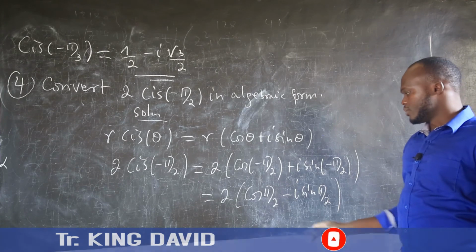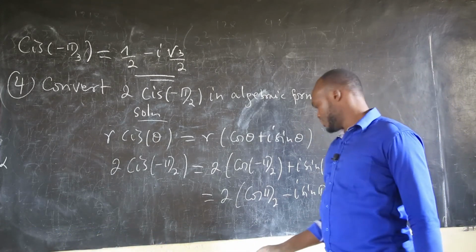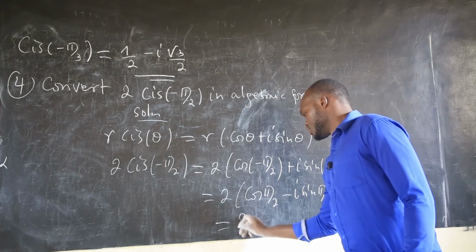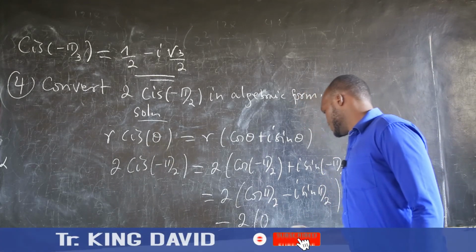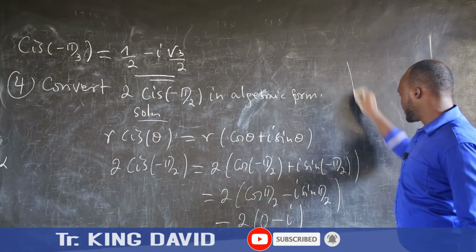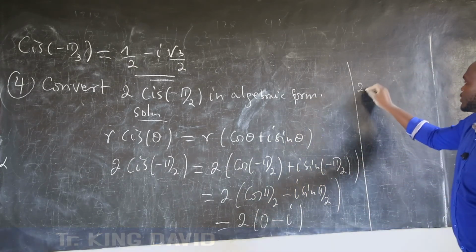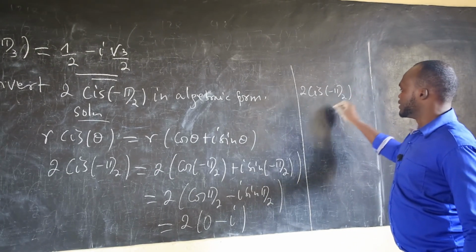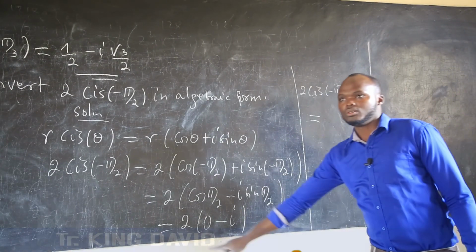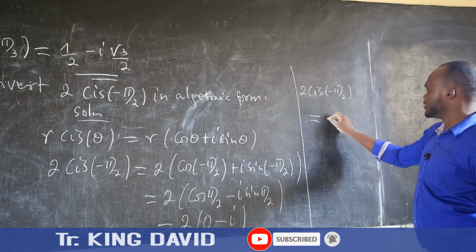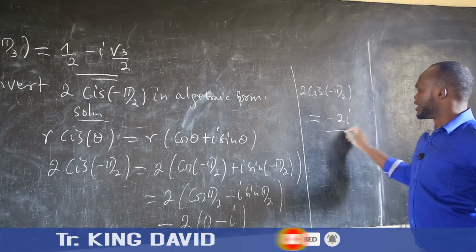You know that cos pi over 2 is 0 and sin pi over 2 is 1. This is 2 into bracket 0 minus I. So 2 CIS negative pi over 2: 2 times 0 is 0, 2 times negative I is negative 2I. So that is our answer.